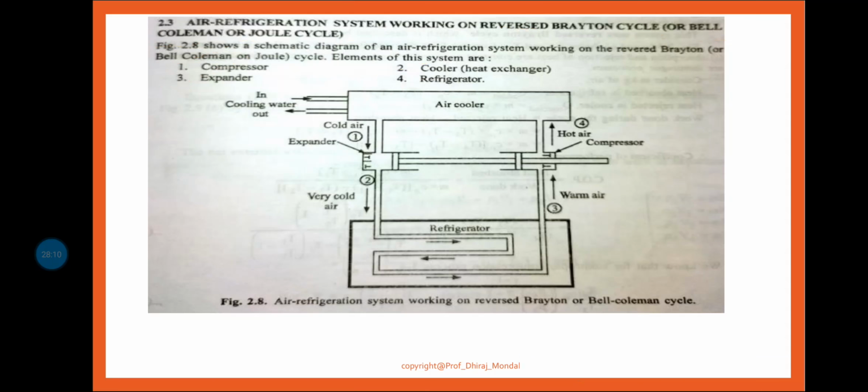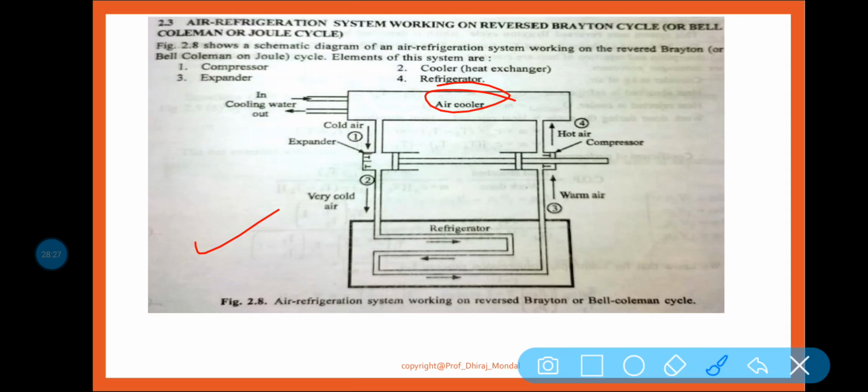Now you see here in this figure, air refrigeration system working on reverse Brayton cycle or Bell-Coleman cycle, the flow layout is given here. Basically this is the air cooler, this is your refrigerator, expander, compressor.